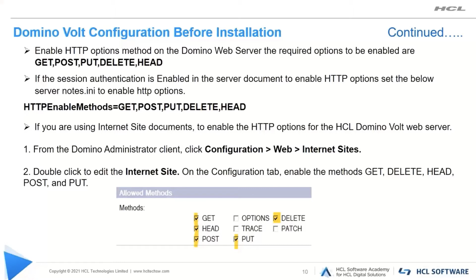If you are using Internet Site documents, then enable the HTTP options in the Internet Site document. To do this, from the administrator client, click Configuration, Web, Internet Sites. Double-click to edit the Internet Site document and on the Configuration tab, enable HTTP methods as shown on this slide. Moving to the next slide.